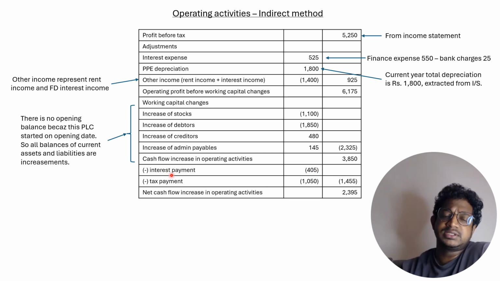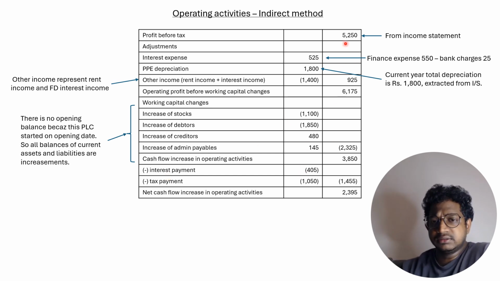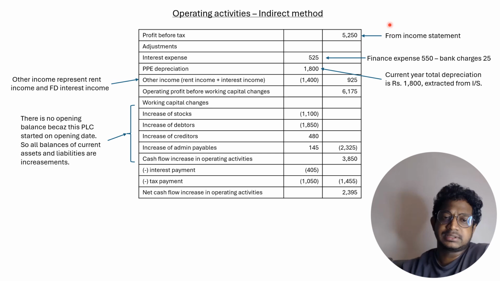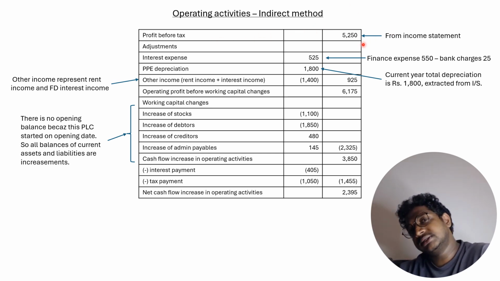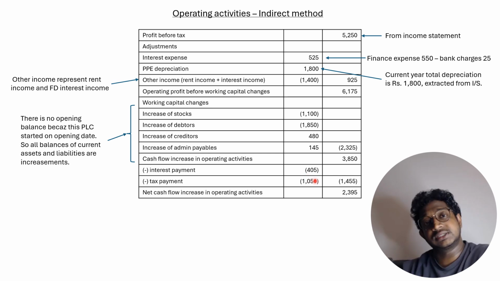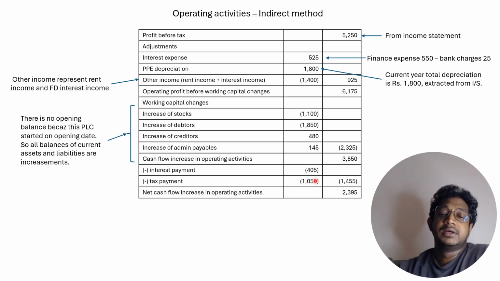If we just record this interest payment here as payments, you would deduct interest two times, because when you're finding the profit, it's already deducted the interest, and here again you are deducting interest. So to avoid that, you have to reverse the interest expense that you recorded when finding the profit.